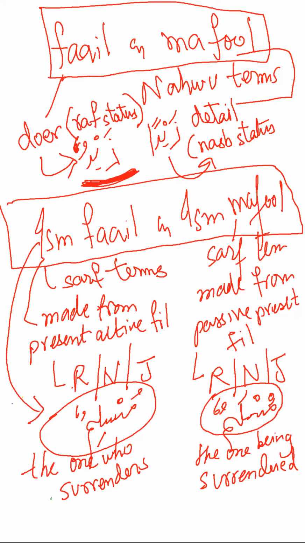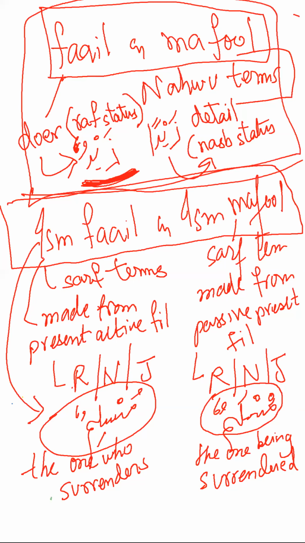And any ism that comes in the Nasab status will be the detail, will be the maf'ul. So for that, in the sentences, we will be looking for maf'ul and fa'il.